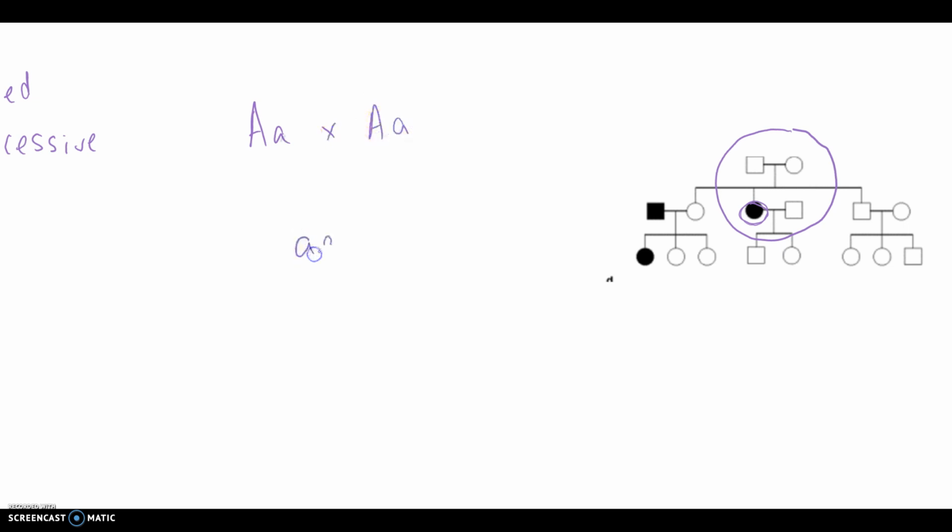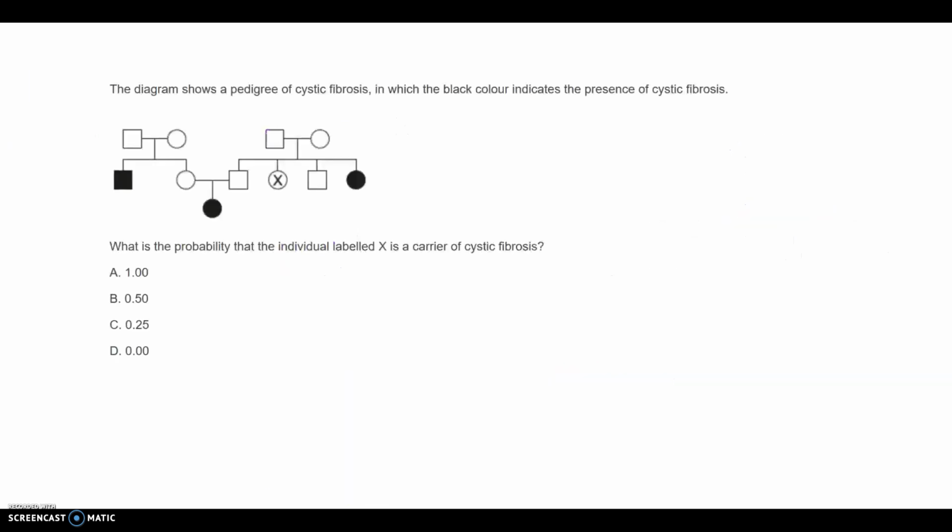But in this case, the offspring that's got the disorder must be little a, and so that tells us that this is recessive and autosomal. These patterns that I've just shown you are what we look for when we're looking at pedigree charts, and they help us to determine what type of inheritance pattern the pedigree chart is showing.